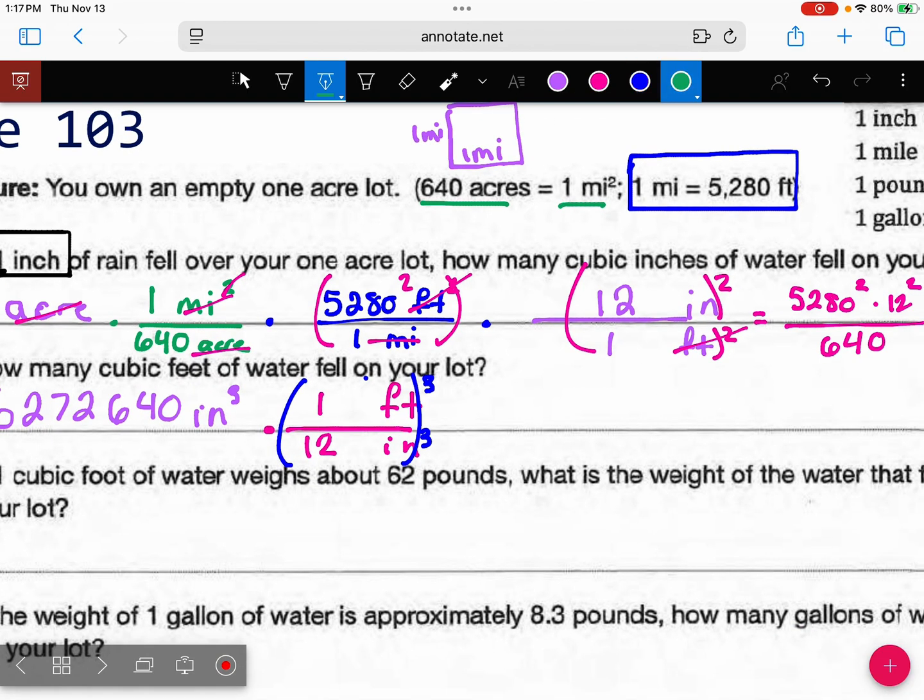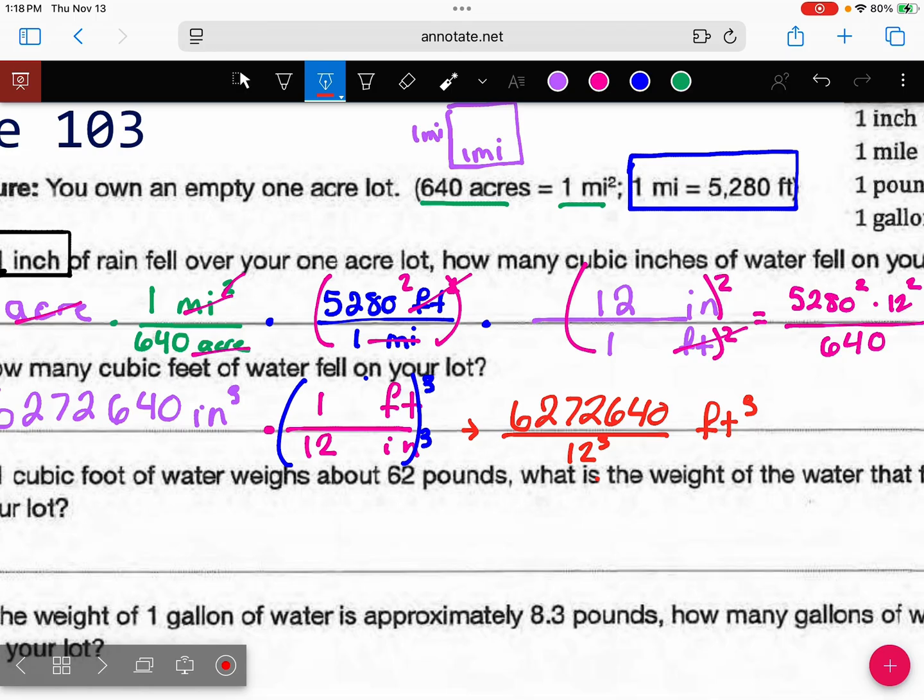I thought we could cancel the inches out, but we can't until we get it cubed. So we're going to have 6,272,640 divided by 12 cubed. And that's going to give us cubic feet.